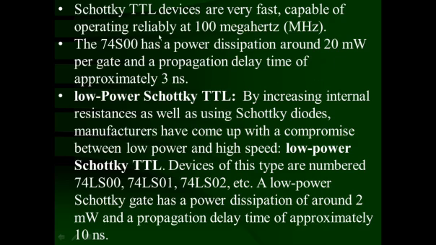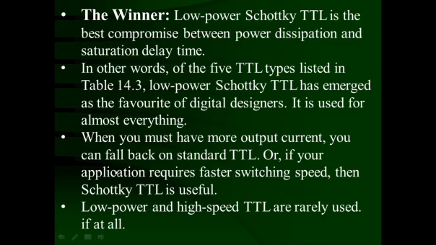So from Schottky TTL, power dissipation reduced from 20 milliwatt to only 2 milliwatt, and the propagation delay time is slightly increased from 3 nanoseconds to 10 nanoseconds, which is that of standard TTL. So it is acceptable, and that's why it is the winner of all 5 types of TTL.